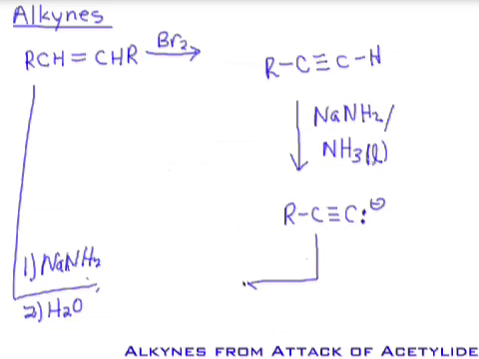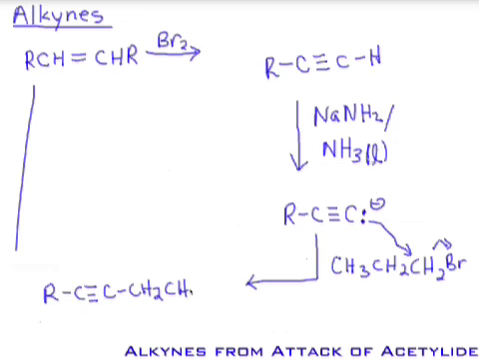So I, for example, could do nucleophilic attack on, pick an alkyl halide. How about propyl bromide? Propyl bromide's primary, reacted with a nucleophile. Primaries go SN2. I'll get backside attack, and I'll get propyl.